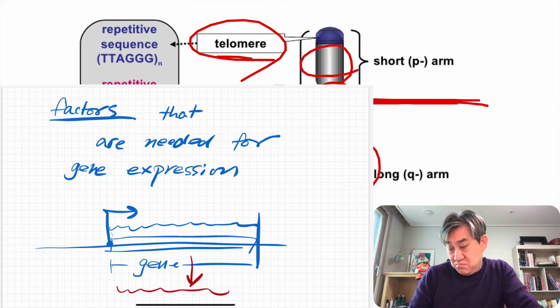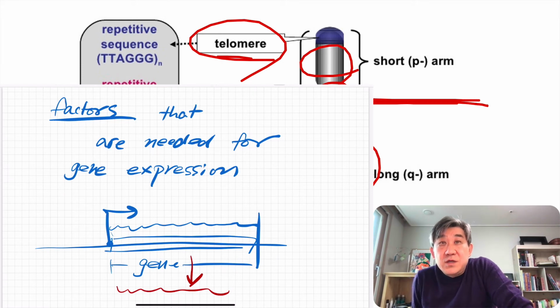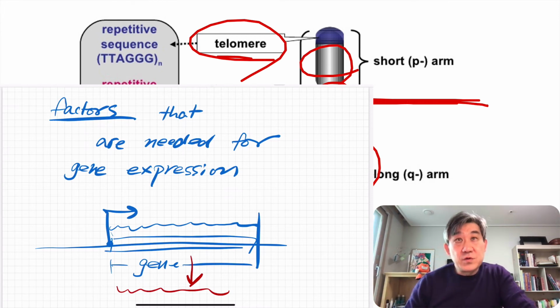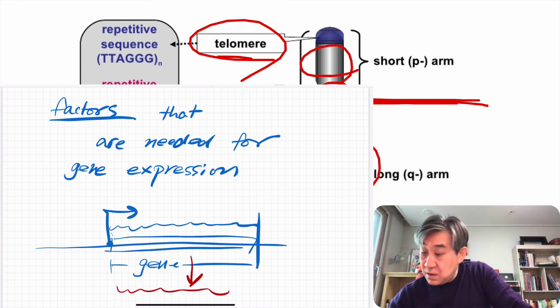Can it start on its own without help from anybody else? No, that is not the case. To start off, first you need a particular enzyme responsible for this catalytic activity, the RNA polymerase.